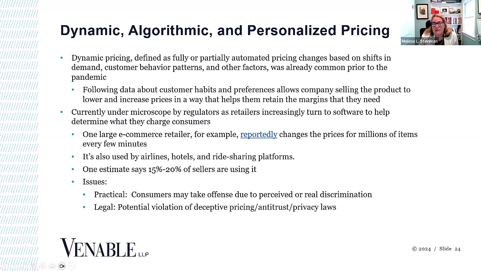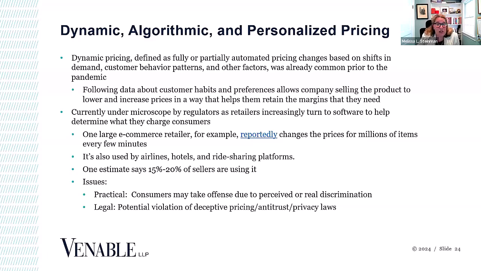It was already a thing prior to the pandemic, but since then it's become huge as we collect more and more data about customers, what they're buying, how much time they're on a website, how much time they look at something. That's then being put to work in determining how to price things.